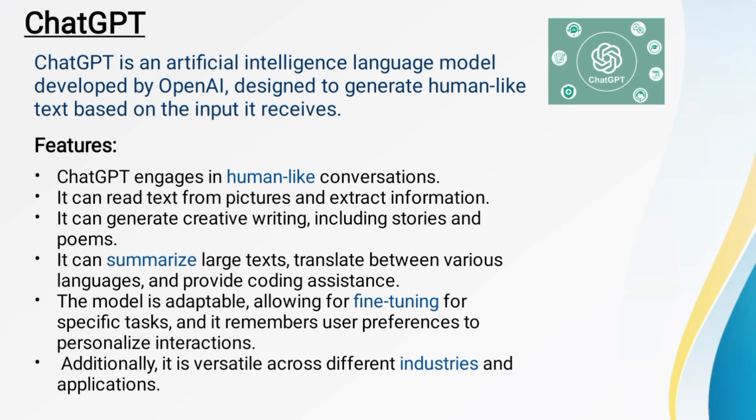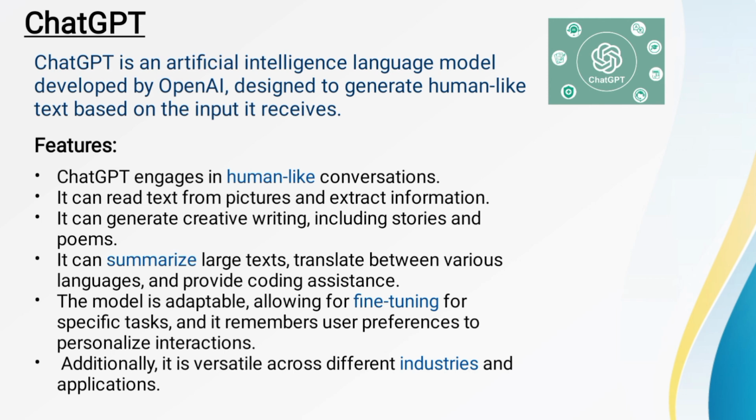First is ChatGPT. ChatGPT is an AI language model developed by OpenAI, specifically designed to generate human-like text based on the input that it receives. There are different features of ChatGPT. It engages in human-like conversations and you feel like you are talking to a human. It can read text from pictures and extract information. It can generate creative writing, including stories and poems.